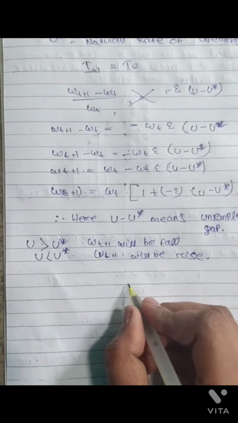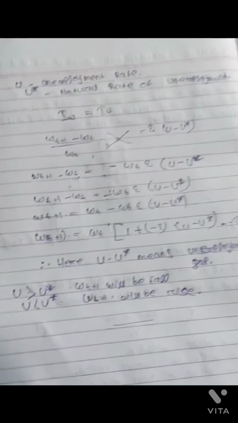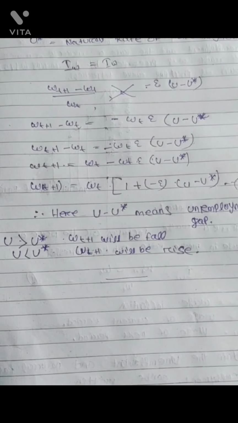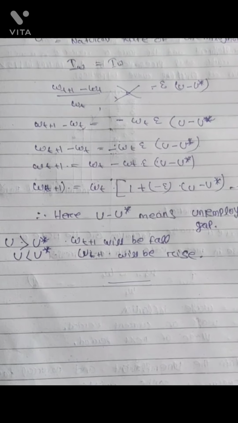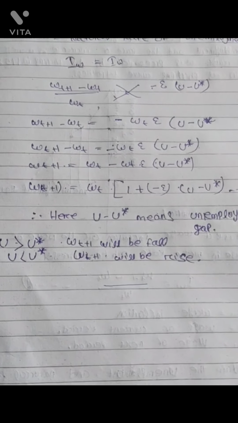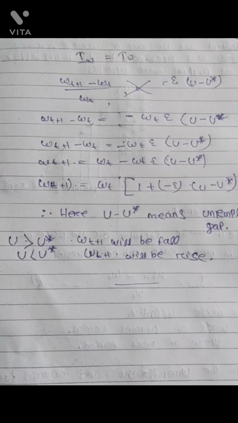This is the simple and easy method to describe the inflation and unemployment relationship, the Phillips curve. This is for 5 marks or 7 marks.